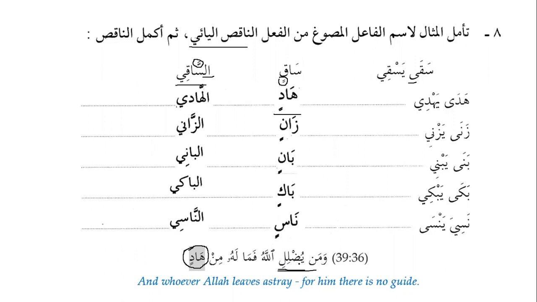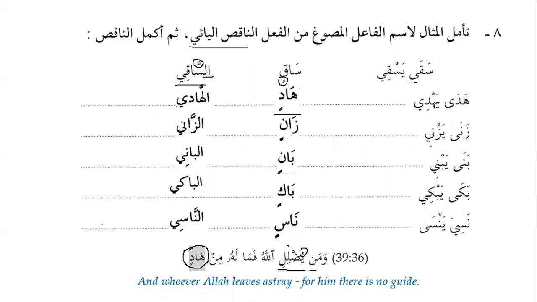If it was Adalla with fatha on the lam, then Yudlalu will be passive. If we have fatha here and if we have dhamma here, only then it will be majhul. So that's one of the reasons why I brought it here, so that we are able to figure out that whenever we have ya with dhamma, after that we have to look for fatha.